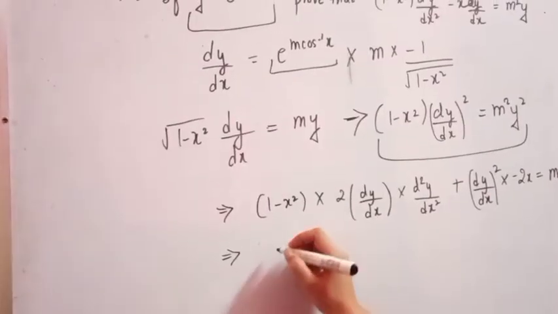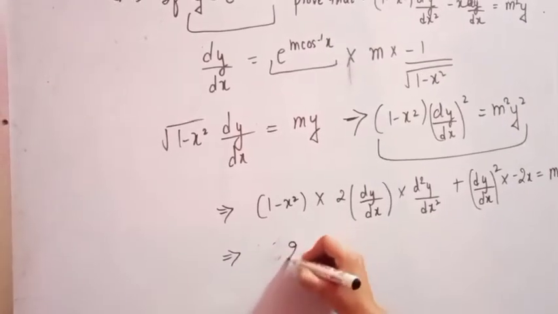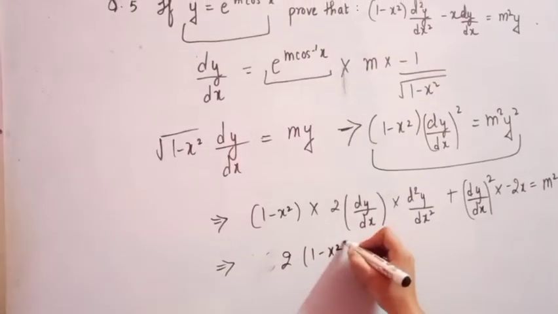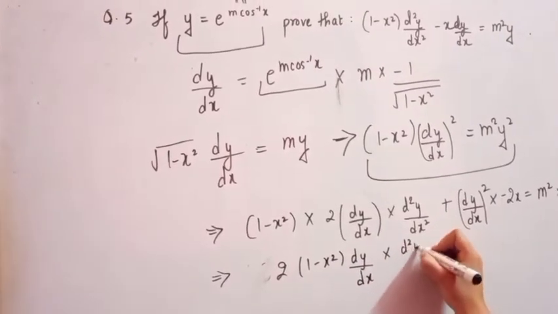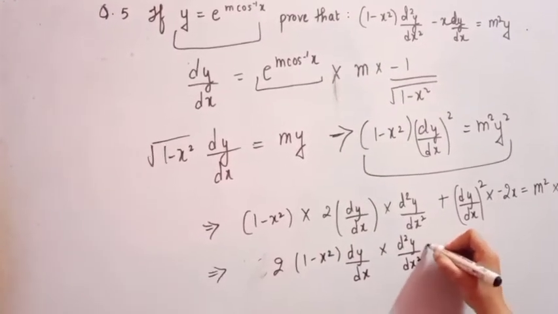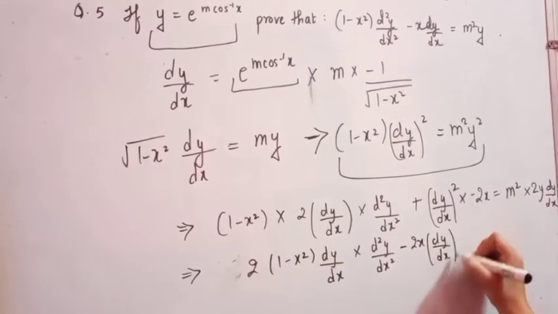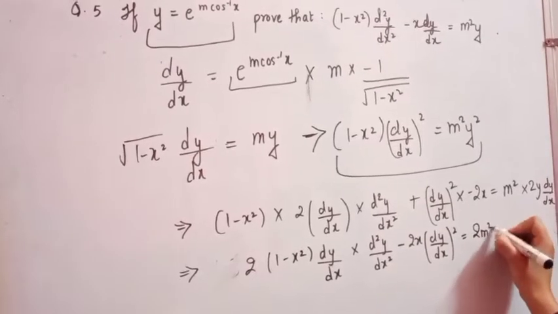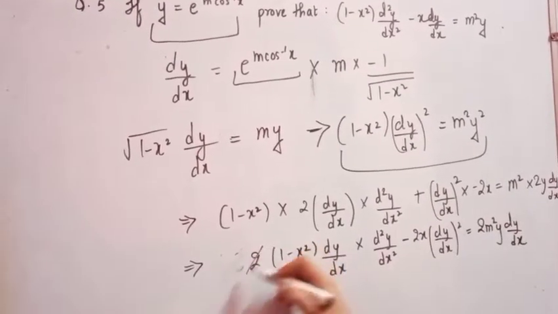Solving it further, I am just simplifying it. This becomes 2 multiply 1 minus x square dy by dx multiply d2y by dx square minus 2x dy by dx whole square equals to 2m square y dy by dx. So 2 gets cancelled.